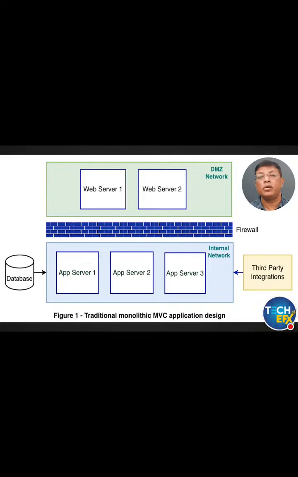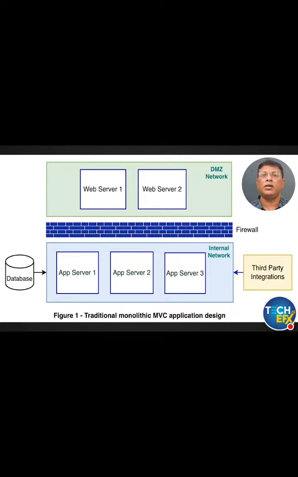itself is compiled and packed as an enterprise archive file, EAR file, or a web archive file, which we call WAR file. This archive file is deployed on enterprise application servers like IBM WebSphere, BEA WebLogic, JBoss EAP server, or Apache Tomcat server, widely used to name a few.